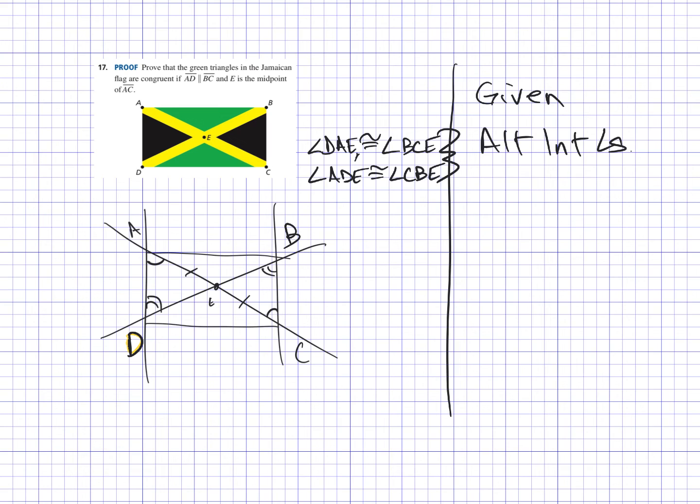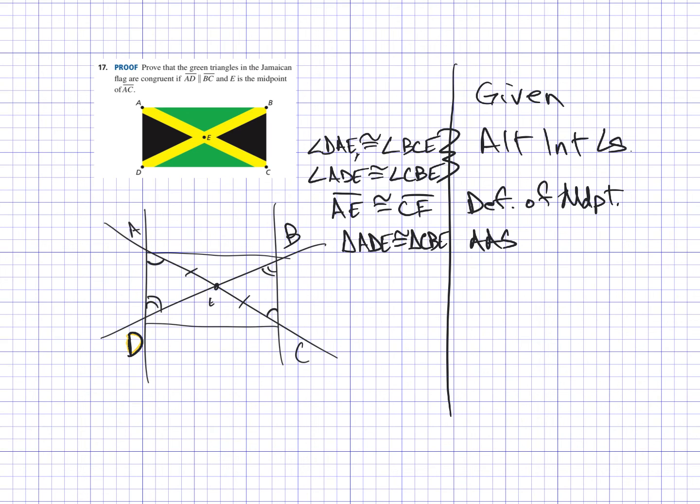And so those are both by alternate interior angles. And then we have AE is congruent to CE, definition of midpoint. Okay, and then you have triangle ADE congruent to triangle CBE, angle, angle, side.